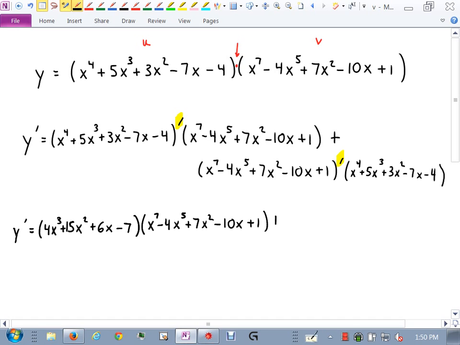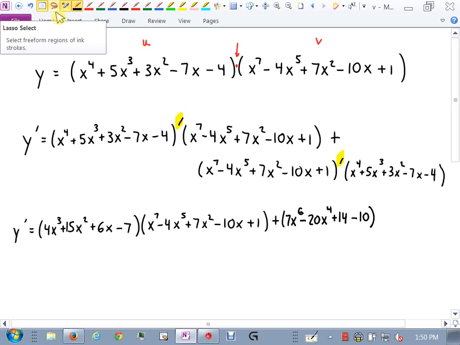Plus, now I need the derivative of this, which is 7x to the 6th, minus 20x to the 4th, plus 14x minus 10, times, what's that? 14x, yeah, thank you.